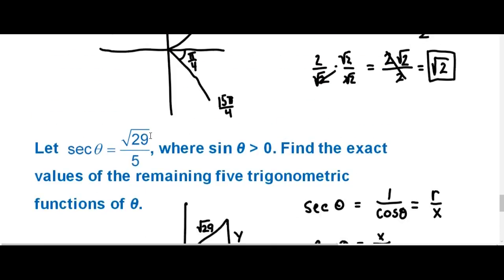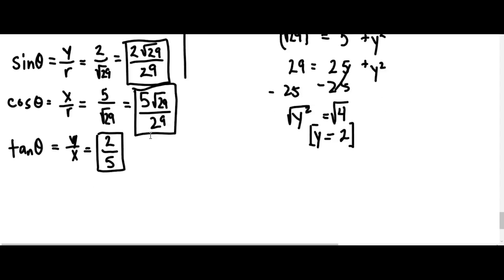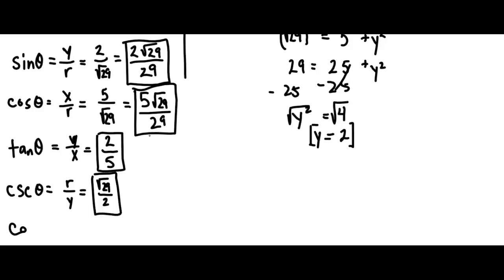We already know secant. The cosecant, again, is 1 over sine, so r over y, or square root of 29 over 2. And then cotangent would simply be 1 over tangent, which is x over y, or 5 over 2. So those are our remaining trig values.